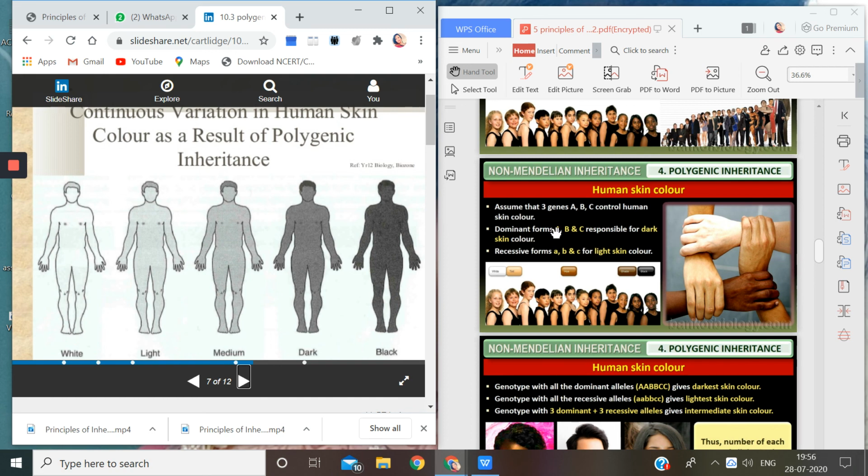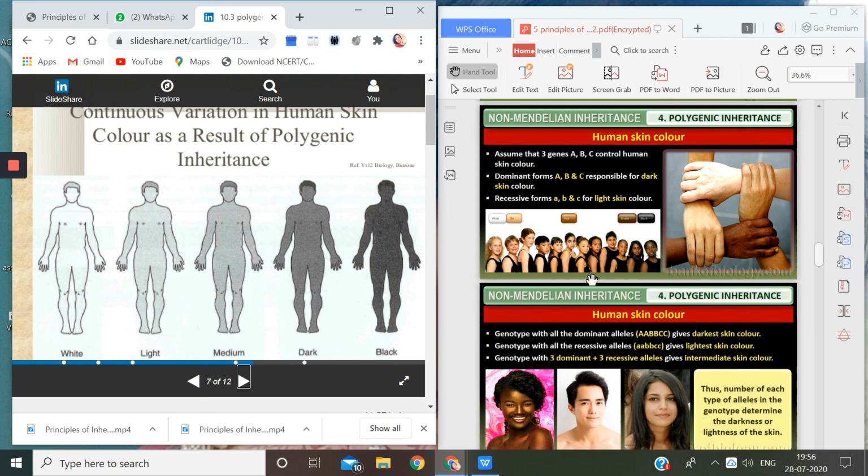Suppose if I have got one capital A and B, C are small, then maybe I will have a bit lighter color. And so there will be so many options, you see. Either one will get 2 capital letters and 1 small, or all 3 capital and none small, or 2 small and 1 capital. There can be so many options for different skin colors, right?